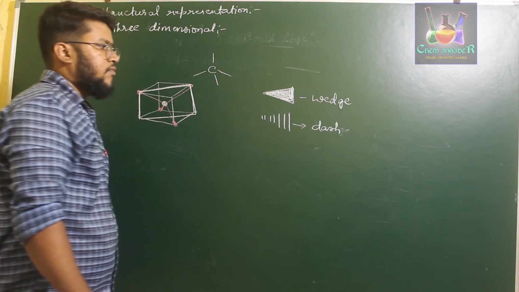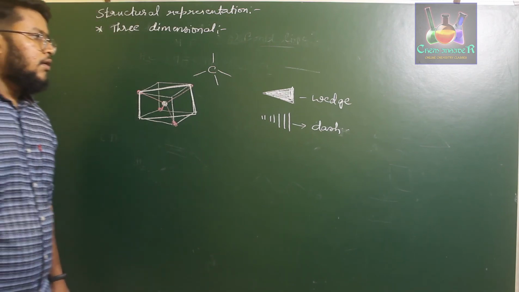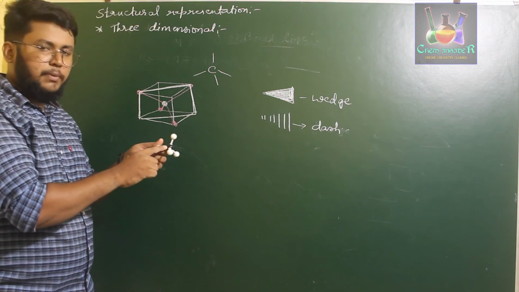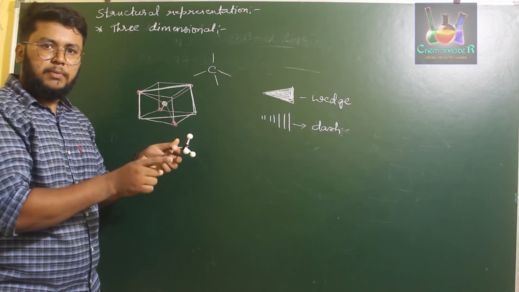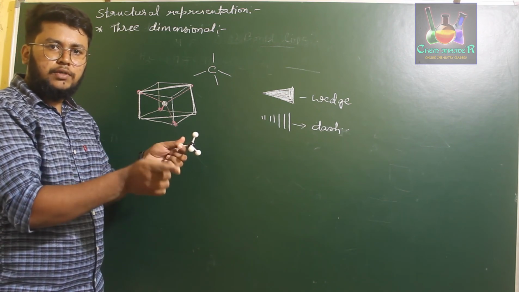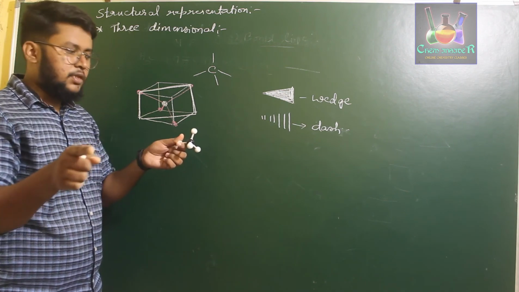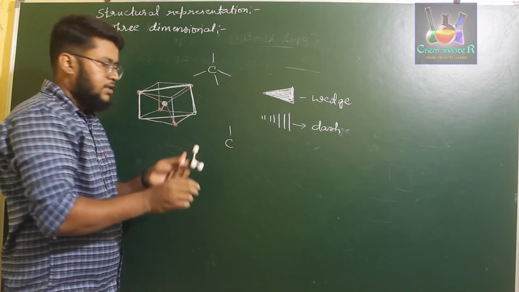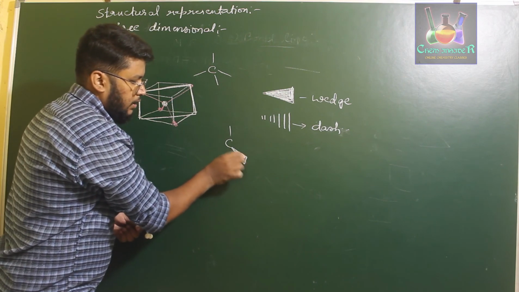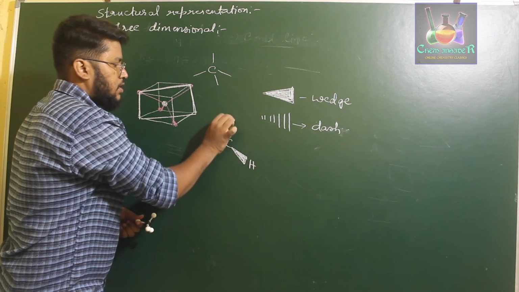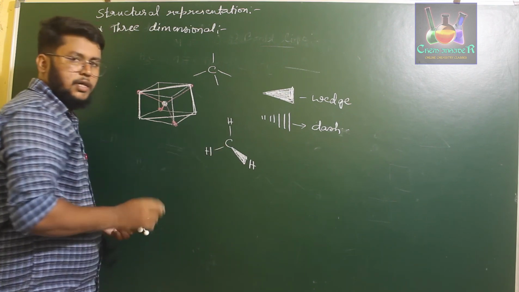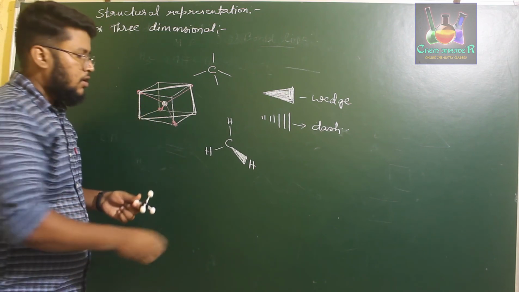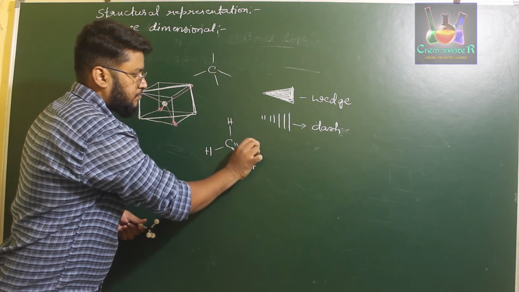So what do the wedge and dash bonds represent? A wedge bond represents that the atom attached to the particular carbon atom is away from the plane, directed outwards of the plane and present towards the observer. So this particular hydrogen atom can be indicated with a wedge bond. These are the two hydrogens present in the same plane, and this is the hydrogen atom present away from the observer, which is denoted by a dash bond.